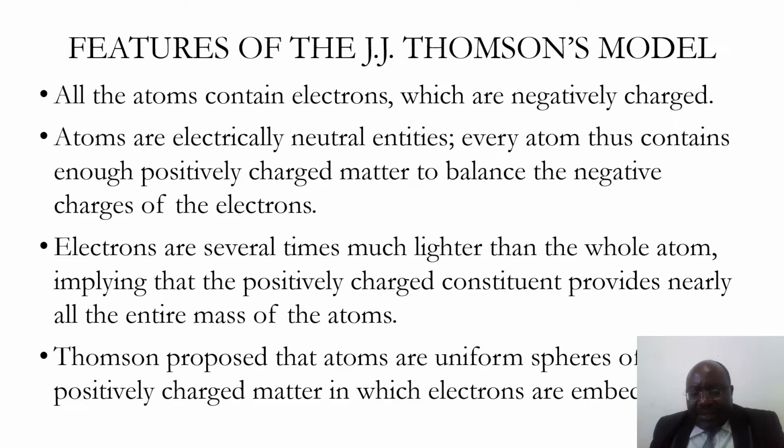Three, electrons are several times lighter than the whole atom, implying that the positively charged constituents provide nearly all the mass of the atoms. Thomson proposed that atoms are uniform spheres of positively charged matter in which electrons are embedded.